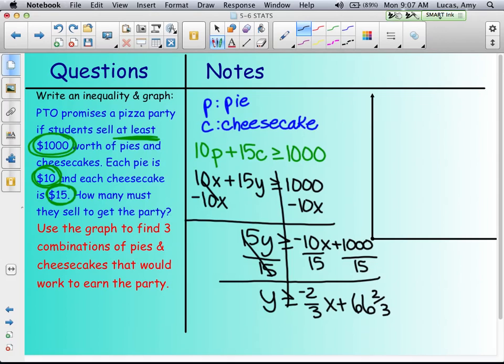Okay. So now for my graph, I am thinking if we have 66 and 2/3, I probably want to go by tens.